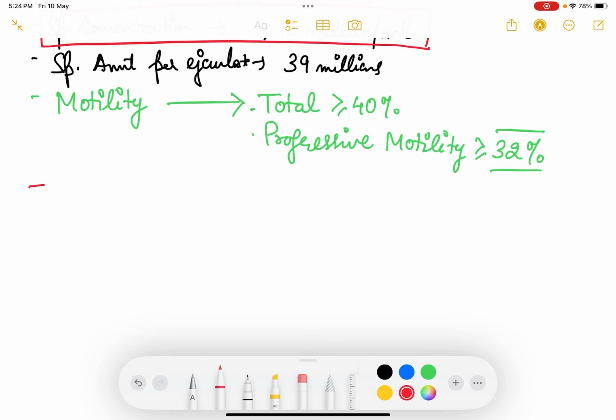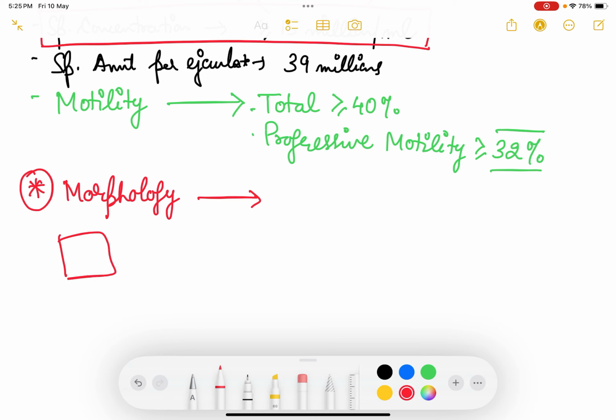And the most important criterion which should be followed is the morphology of sperm. Morphology means how many of the sperms have normal forms. Some sperm might be like this, some sperm might be like this.